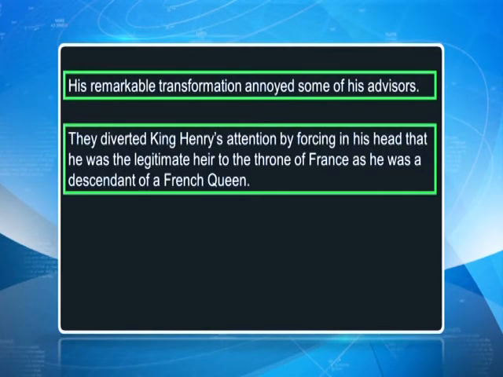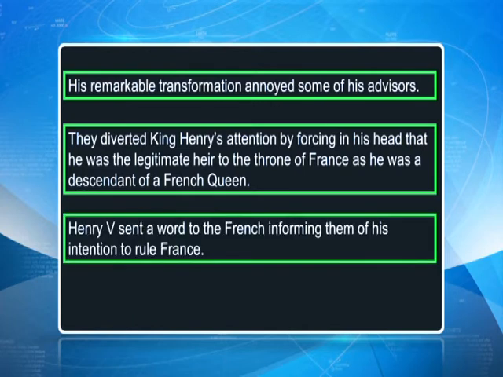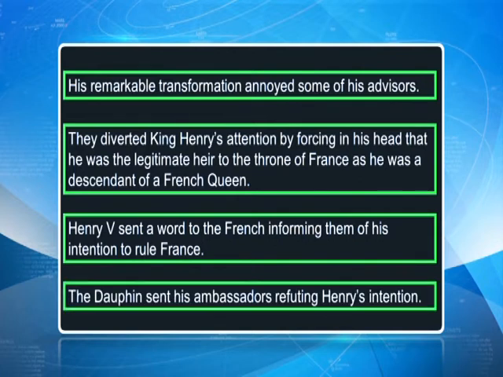So his advisors tried to divert the king, okay, by forcing in his head an idea that he was the legitimate heir of the throne of France, and he was a descendant of a French queen. Henry V sent word, of course, to the King of France to inform him that he is going to invade their kingdom.